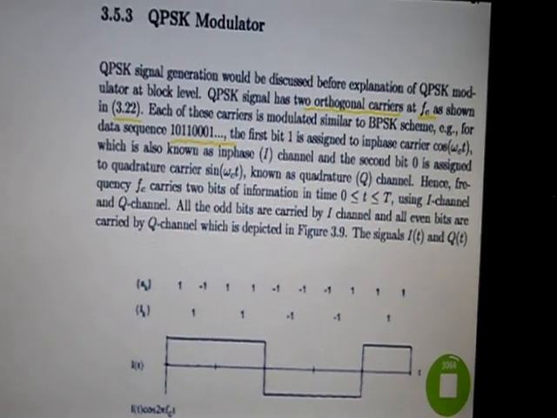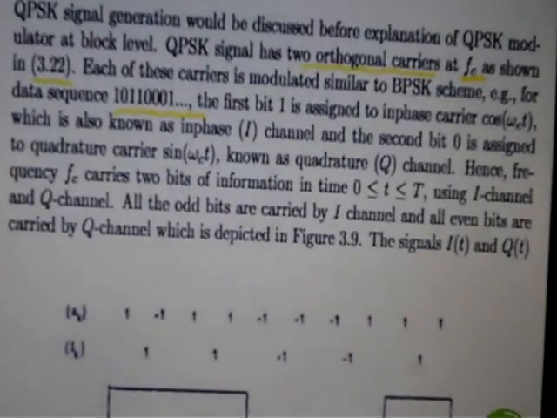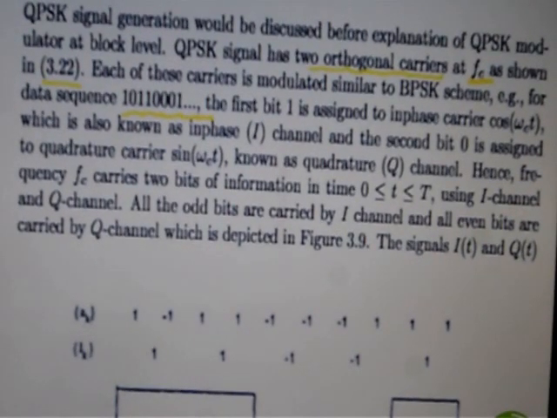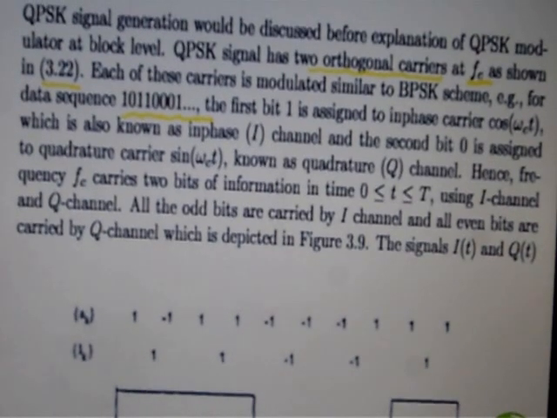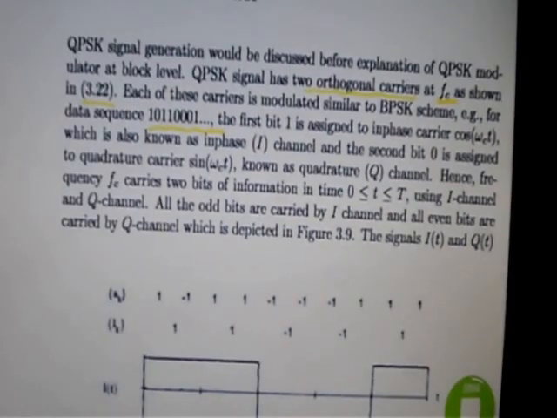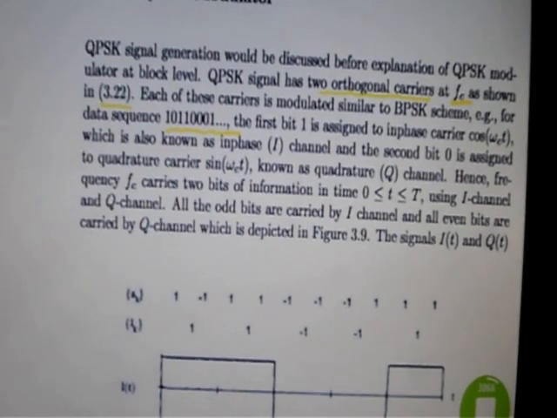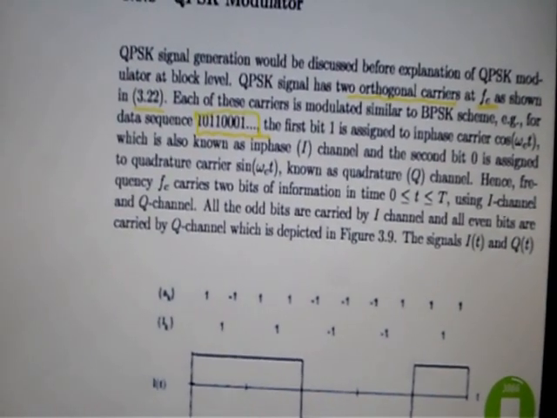Now this is the process of how the modulation takes place at the QPSK modulator. We have to separate the odd bits and the even bits from this sequence, right?